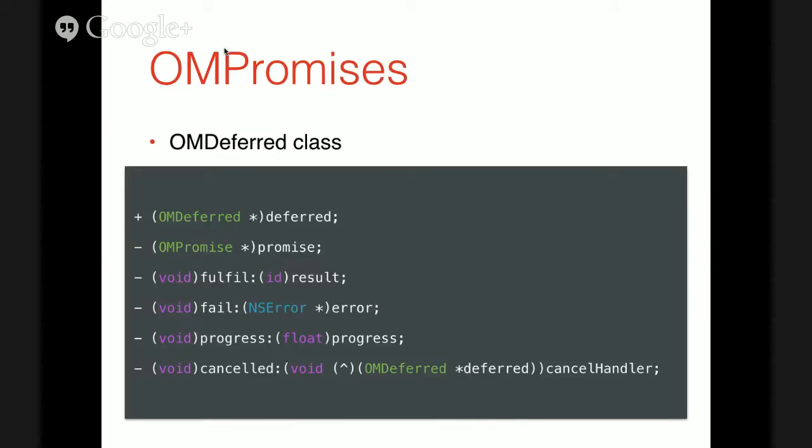You have two methods which are very important, which are the fulfill and the fail methods, and these are analogous to success and failure blocks. And each time I say a fulfill or failure block, you can remember these two, and you'll get a better grasp of what the solution is. Progress and cancellation are not so important. Progress is used for monitoring the progress of a value, and cancellation is a nice feature of this library, but it's not so much talked about in the promise pattern.